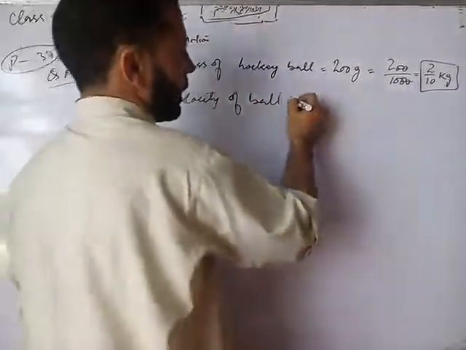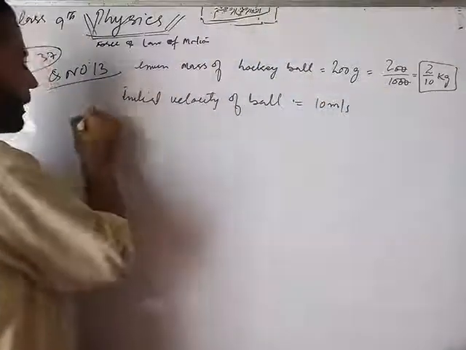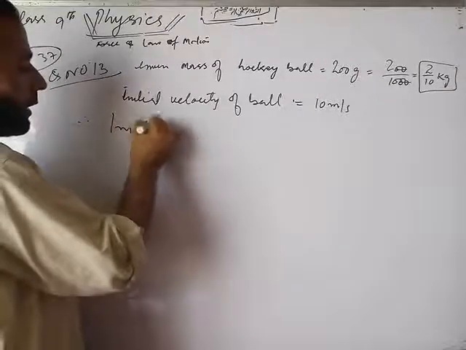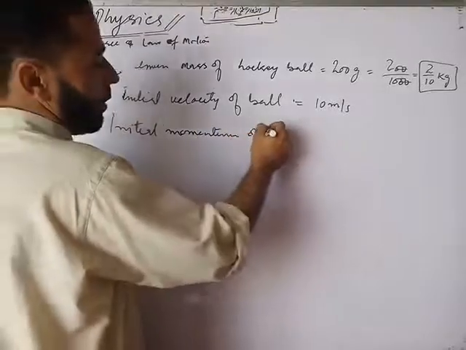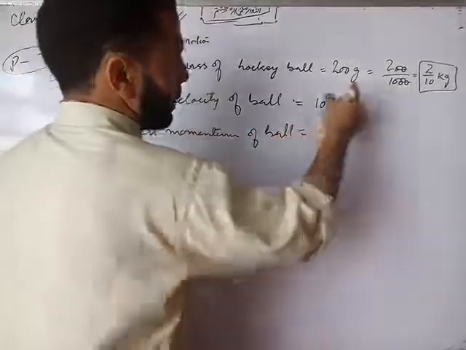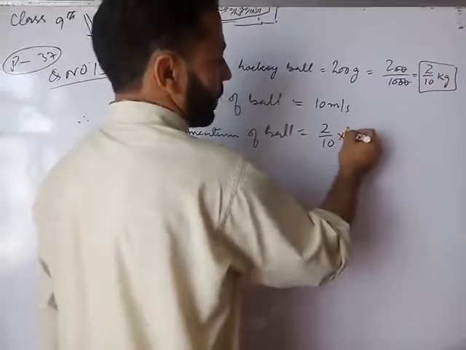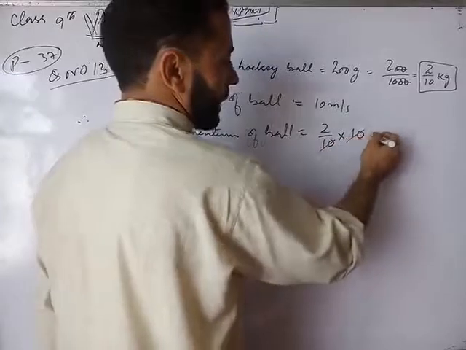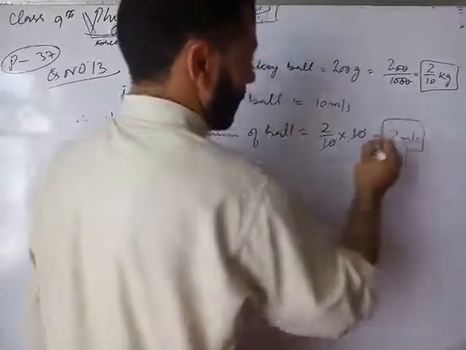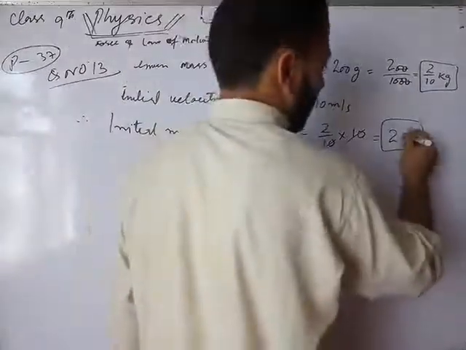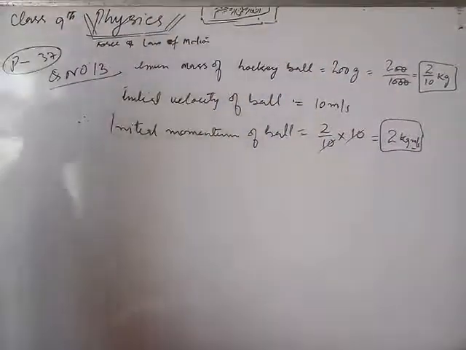Initial velocity of ball is equal to 10 meter per second. Therefore initial momentum of ball is equal to mass into velocity, that is 2 divided by 10 into 10, and 10 gets cancelled, that is equal to 2 kg meter per second is its initial momentum. ठीक है.